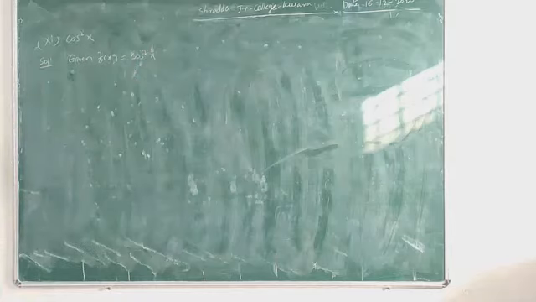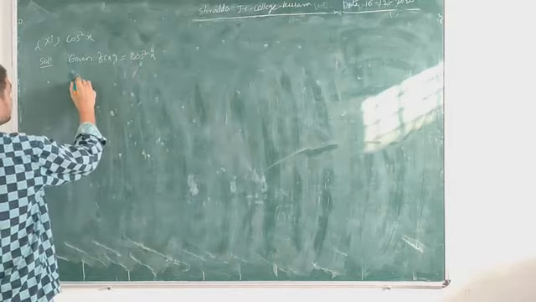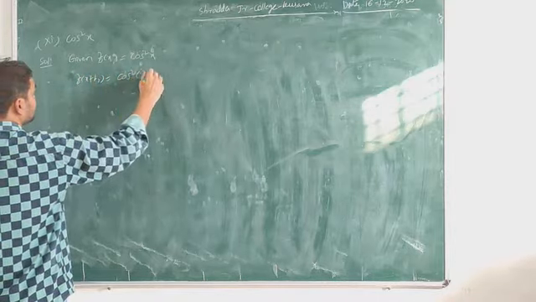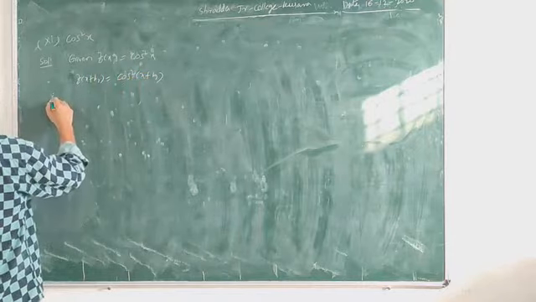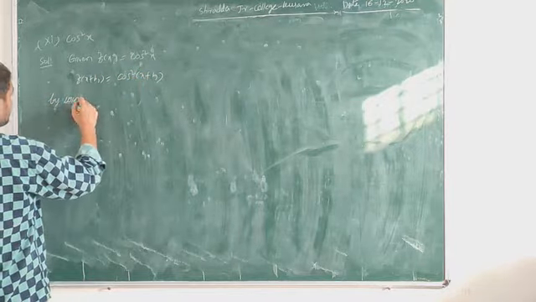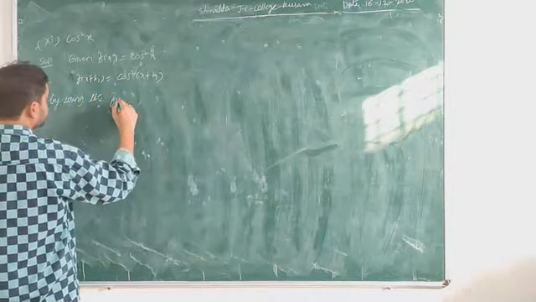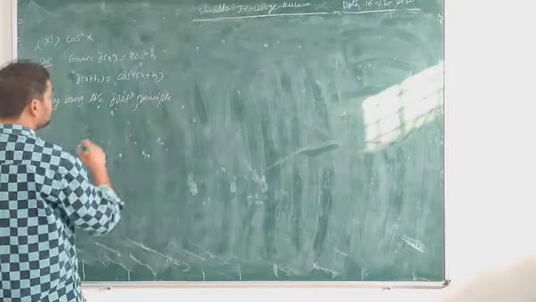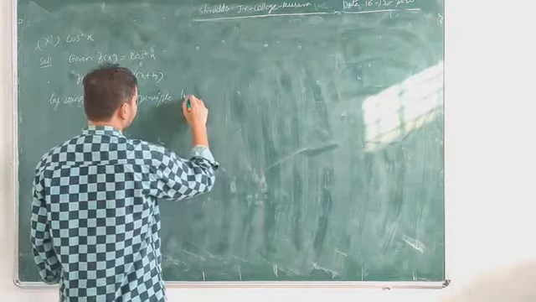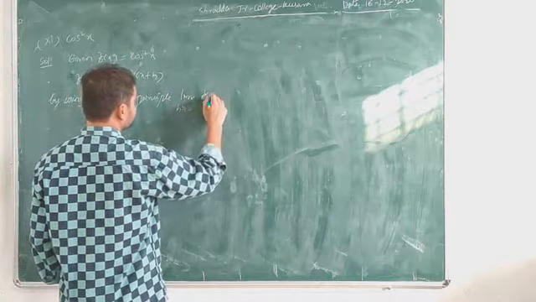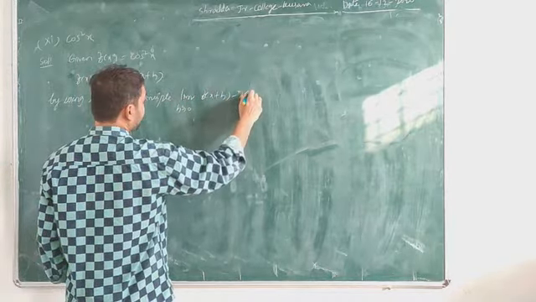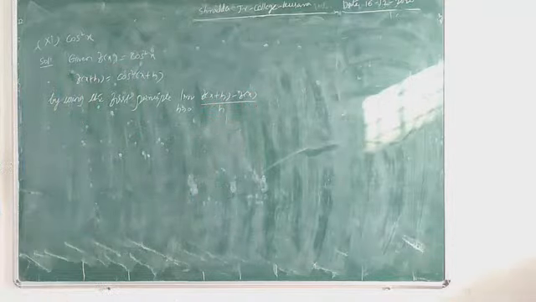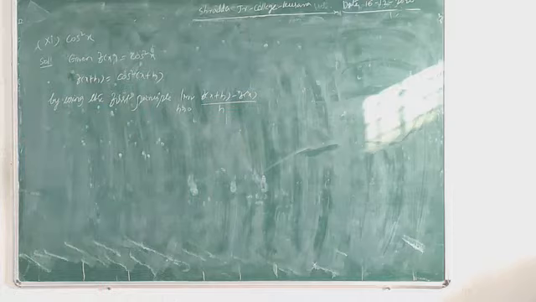Given f(x) equals cos square x, f(x+h) equals cos square (x+h). By using the first principle, limit h tends to 0 of (f(x+h) minus f(x)) by h.